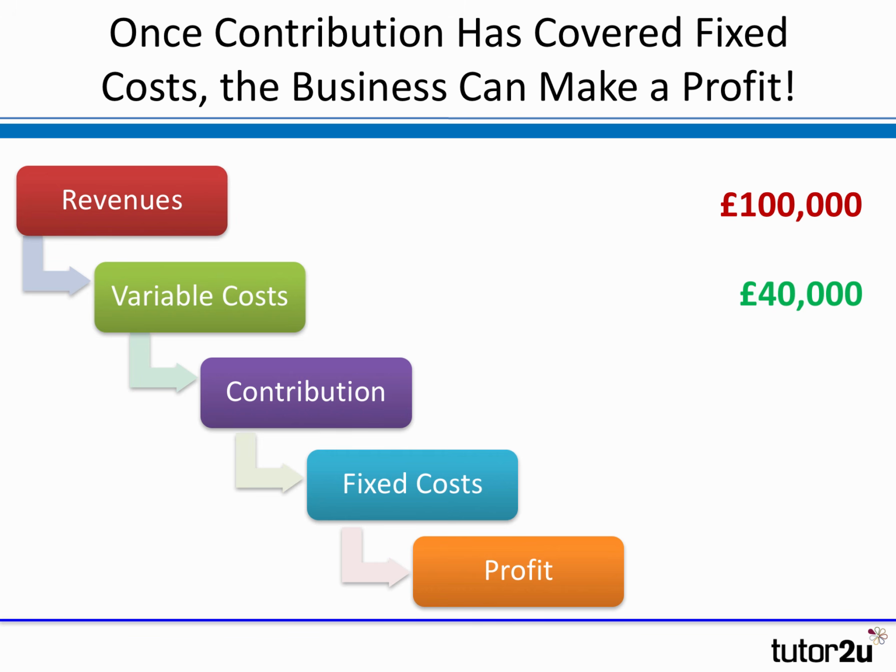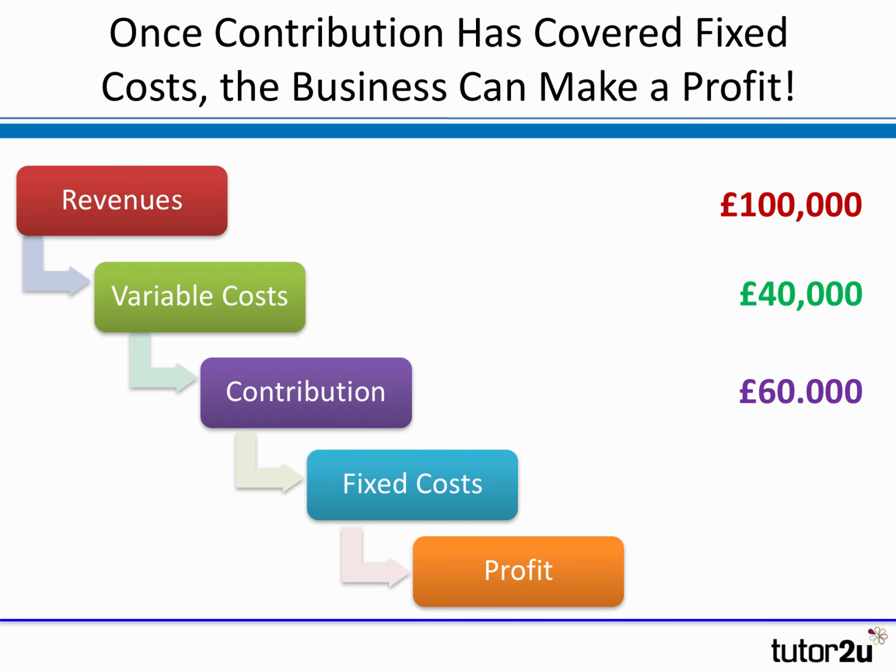Now, if you take revenues and take away variable costs from revenues, you get to what's known as contribution, which is £60,000. £100,000 less £40,000 creates this contribution of £60,000, which I'm hoping will be enough to cover my fixed costs. Let's take a look.